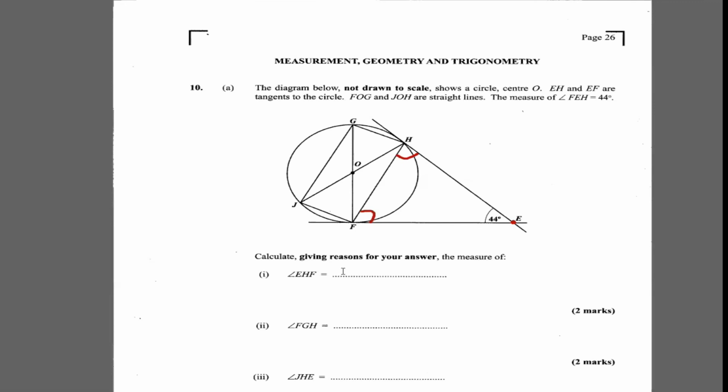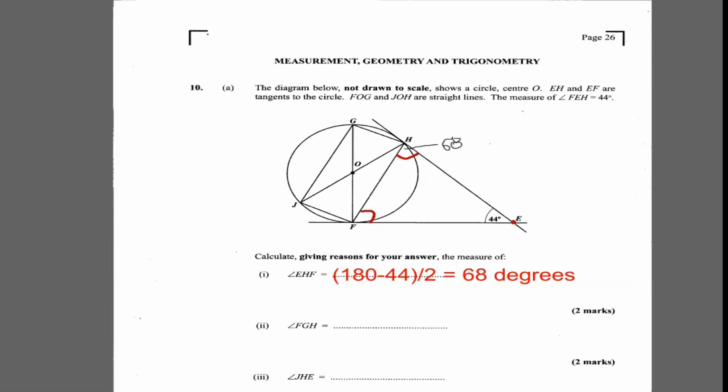Angle EHF is 180 minus 44, and all of this is of course divided by 2. That works out to be 68 degrees. Angle EHF is 68 degrees.